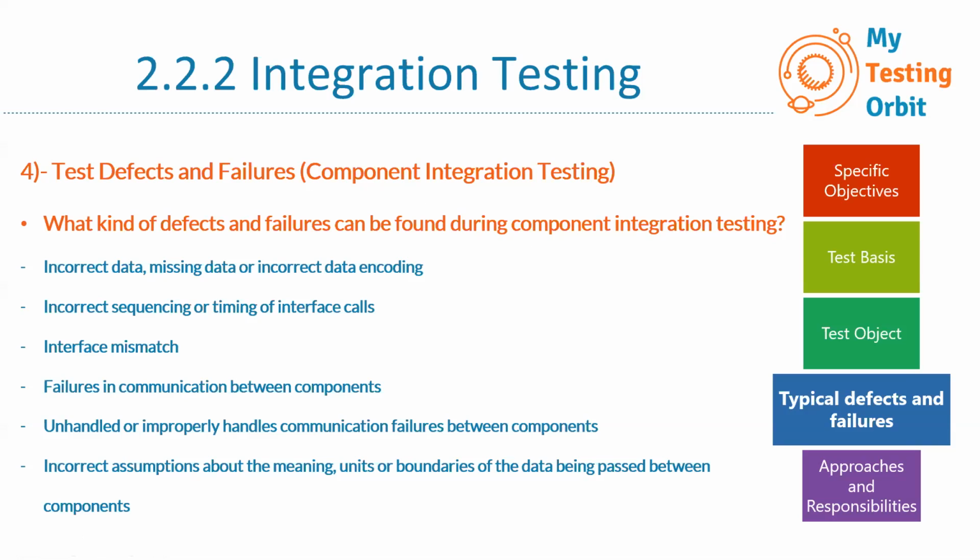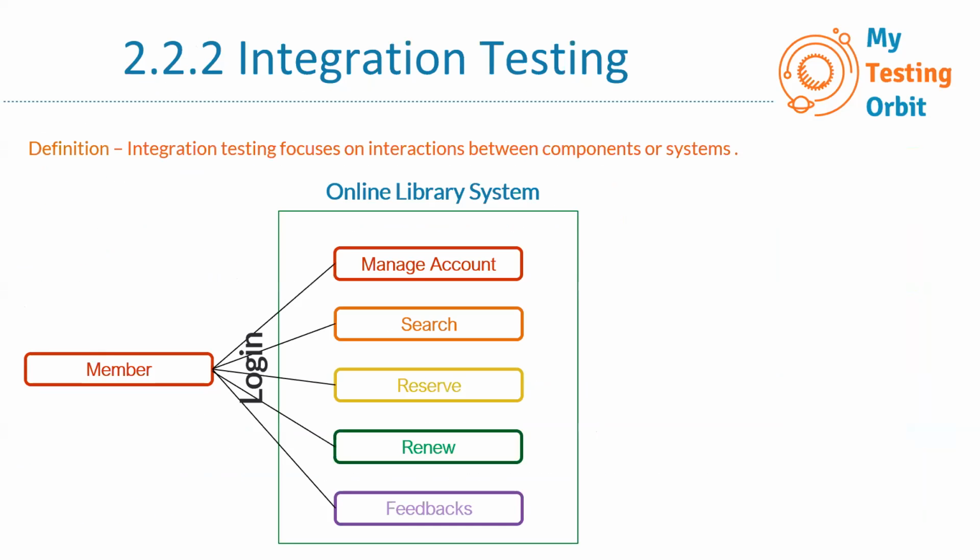For example, in our online library system, in Manage My Account, let's go back here. Yeah, in Manage My Account, we have all the member details over here. Later on, let's say we are in the renew module to renew a book, which means the system needs the member's details in order to renew the book for that member.